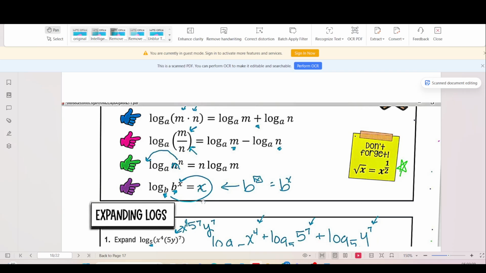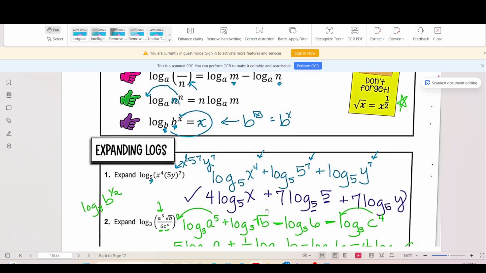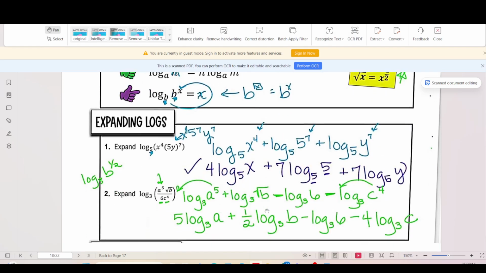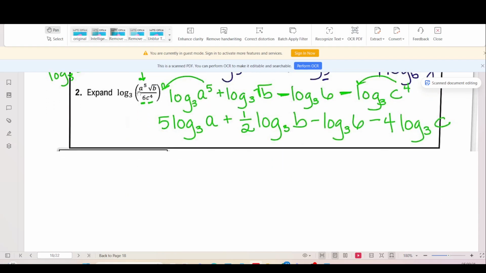And if you have a square root, you can write it as x to the power 1 half, and then you can take this power in front of the log. For example, here in question number 2, we have to expand it. They are in multiplication, so we can write it as log a to the power 5 plus log of 3 square root b, and the one which is in the denominator, for that we put a minus sign.